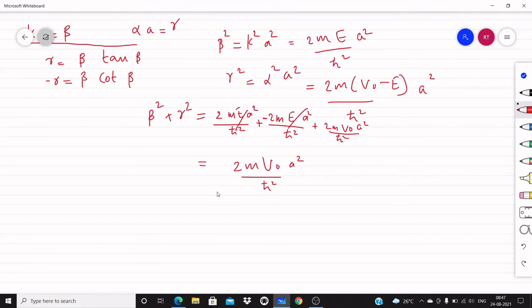So let us plot it in the beta gamma plane. Plotting this circle and these two equations in the beta gamma plane, let us check how it is going to look.